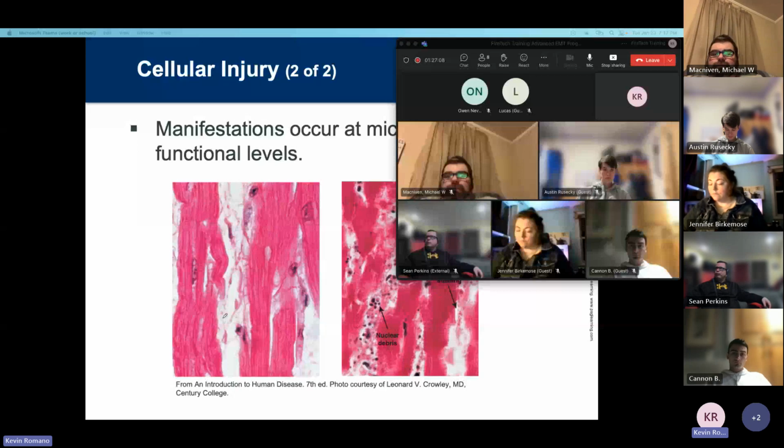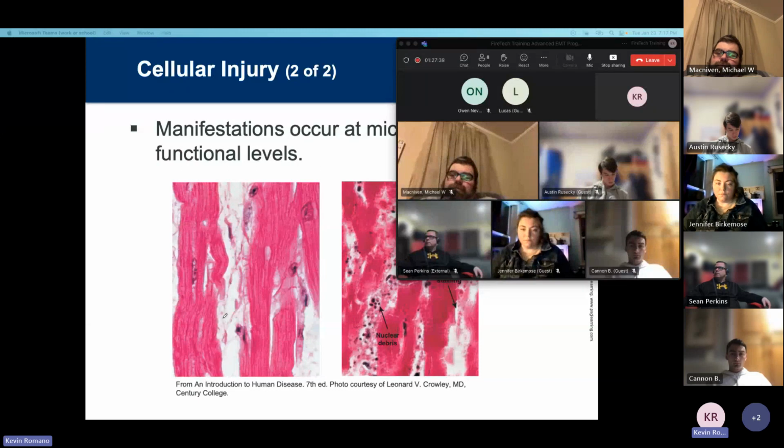So cellular injury can be repaired up to a point with proper treatment. We could do some stuff, but not everything can be done, right? So it's really all going to depend on patient presentation and what is causing that cellular damage.